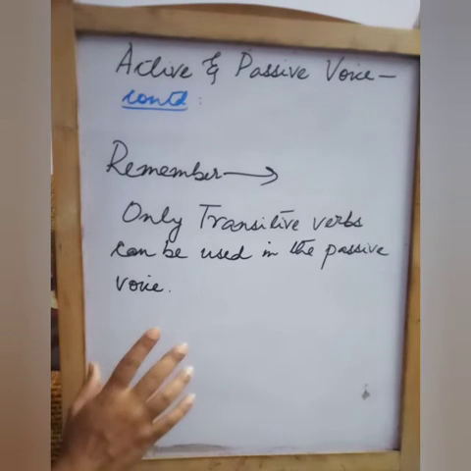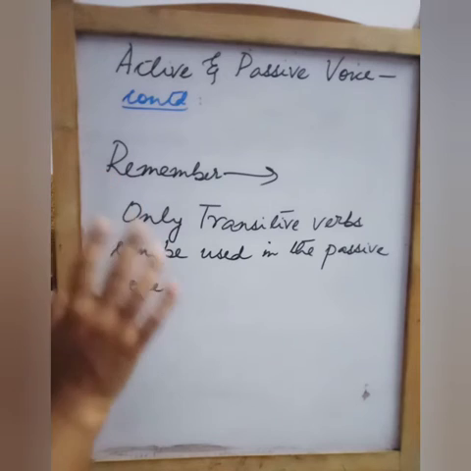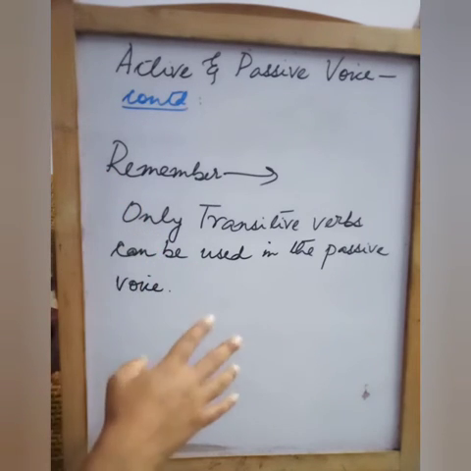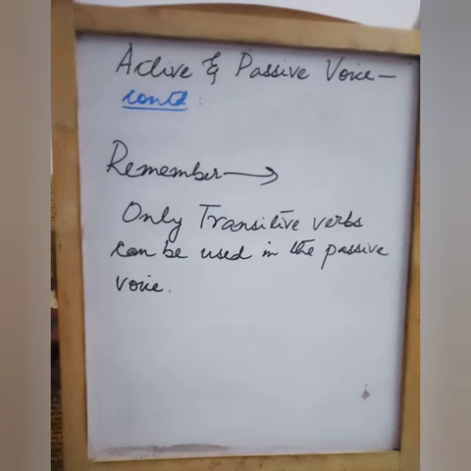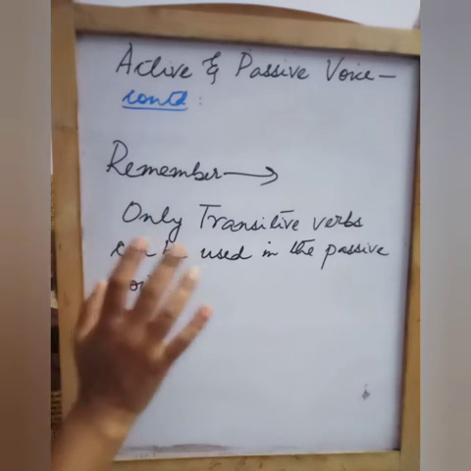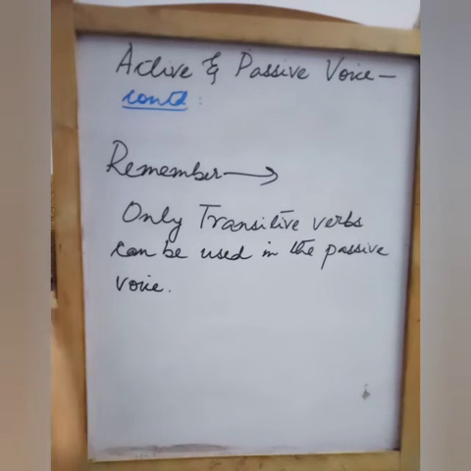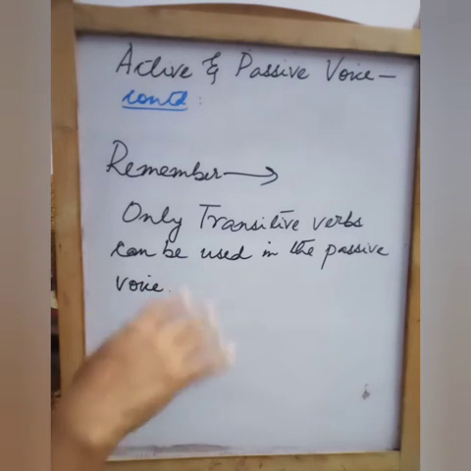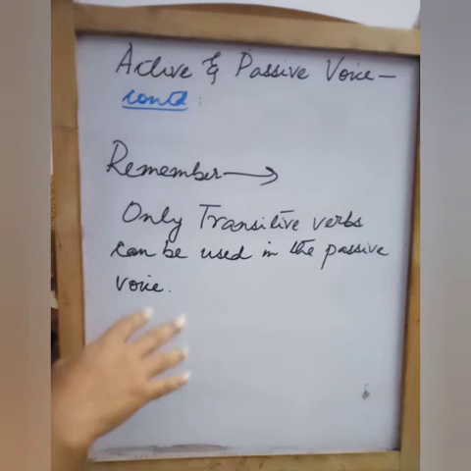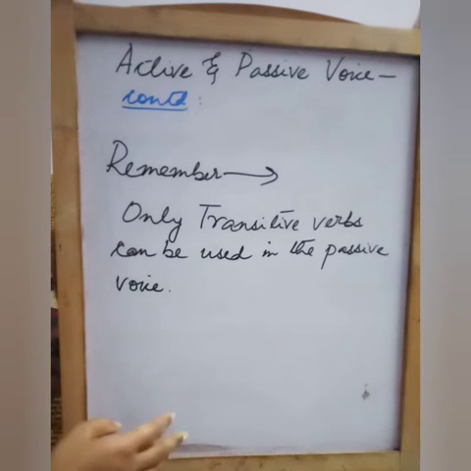That means in a sentence, an object has to be there, and an object is present only in a sentence consisting of a transitive verb. In a sentence consisting of an intransitive verb, it is not necessary that an object has to be there, isn't it?